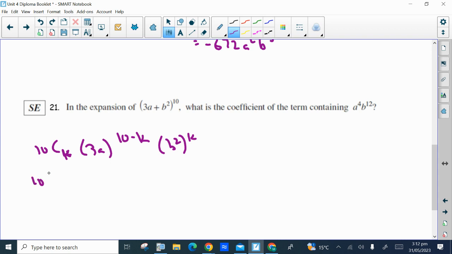Our coefficient is not just 10C6 because the 3a is raised to the power 4. That's going to affect our coefficient as well.